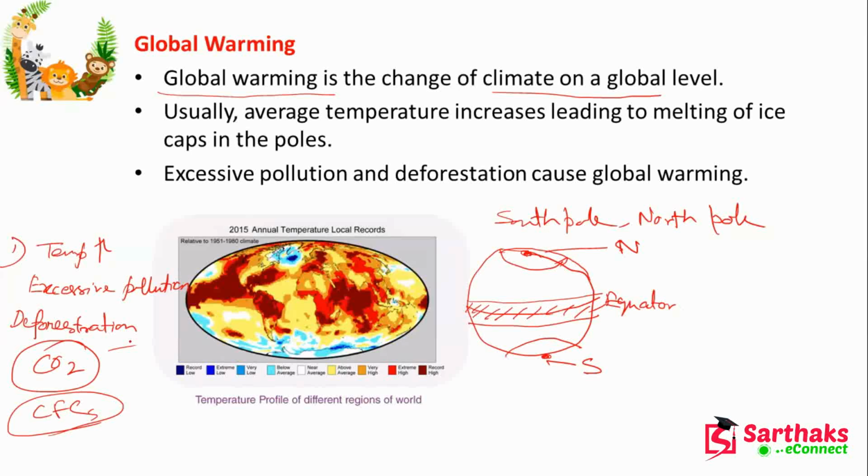So global warming means what? From this slide we have studied, global warming means there is a change of climate on the global level, and this change is called global warming. As the temperature increases, the ice in the north pole and south pole areas will be melting, and excessive pollution will be there.